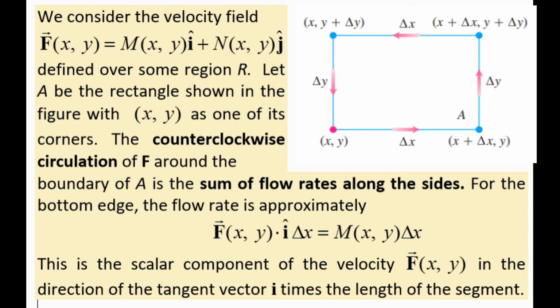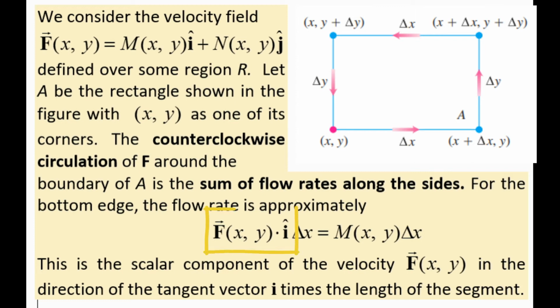The counterclockwise circulation of F around the boundary of A is the sum of flow rates along the sides. For the bottom edge, the flow rate is approximately F(x, y) · i Δx.